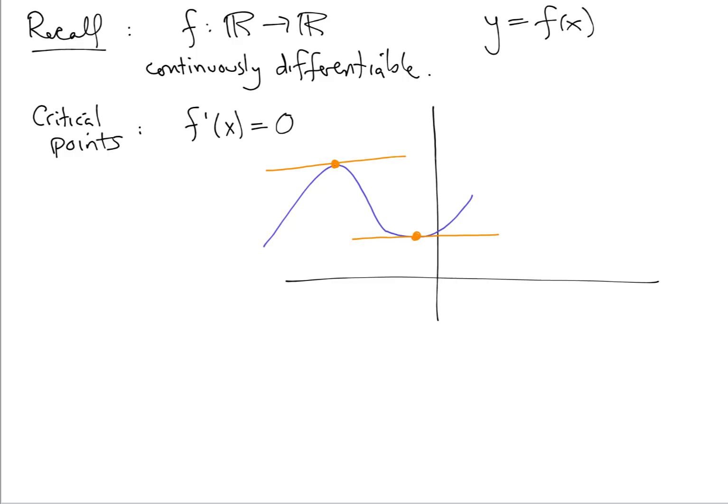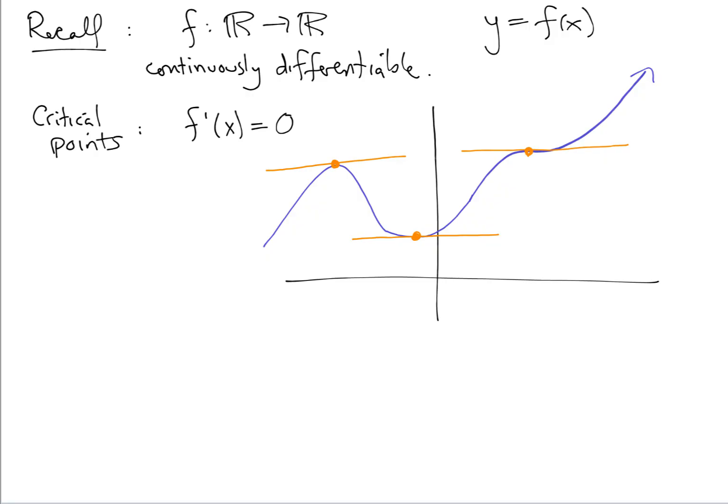And we also can have a critical point here where you have neither a local minimum nor a local maximum. So the idea is that your critical points occur where the tangent line is horizontal.